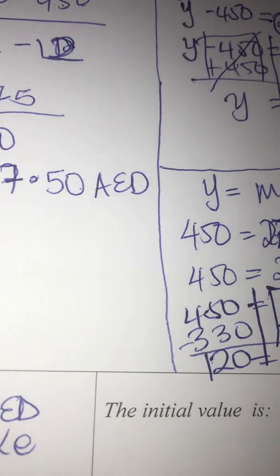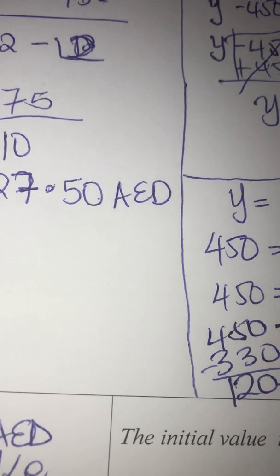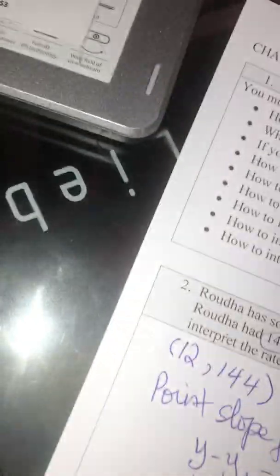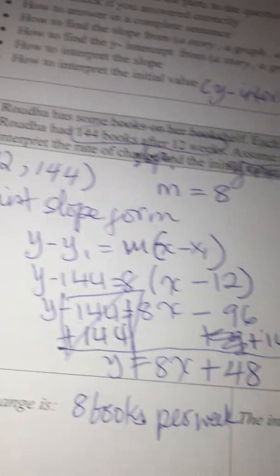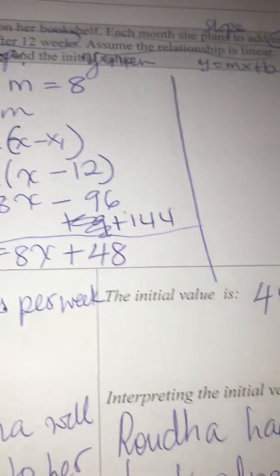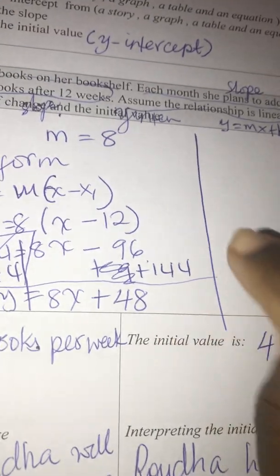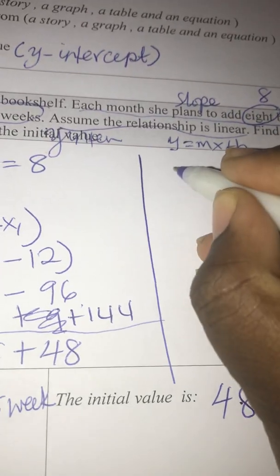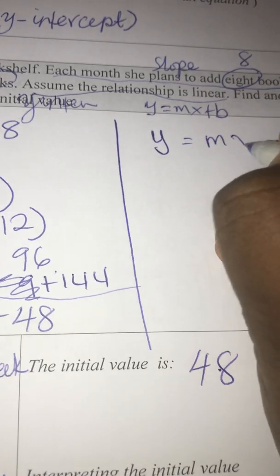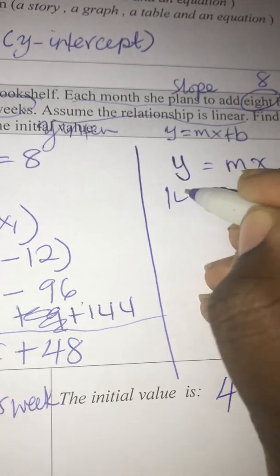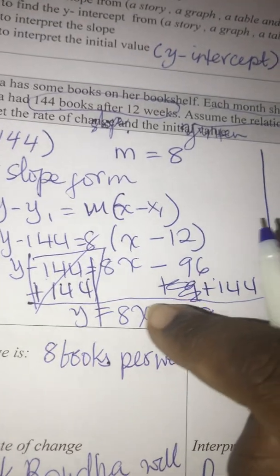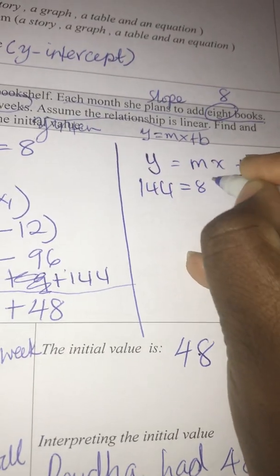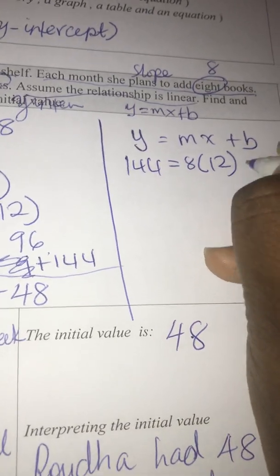Did I forget to do something? Yes, over here, I forgot to do the other method. Let's do the other method and see if we're going to get 48 over here. So we're going to do y equals mx plus b. My y is 144. My m is 8. My x is 12 plus b.